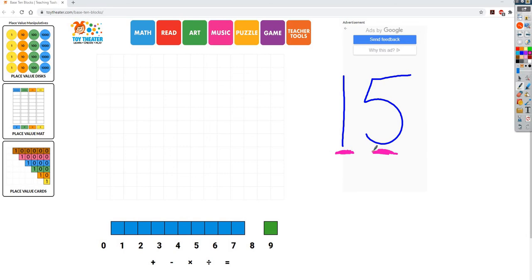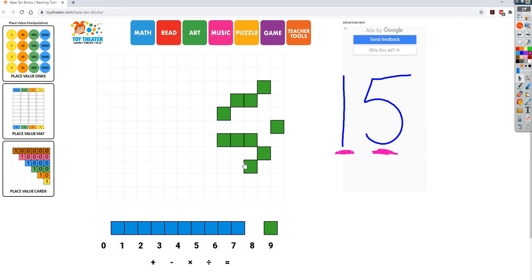And the 1 and the 5 mean something. When we did 8 and we just had 8 blocks, that was a little different than what we're going to have to do when we have 15. Because I'm going to start counting. 1, 2, 3, 4, 5, 6, 7, 8, 9, 10. Okay, I have a lot of blocks.